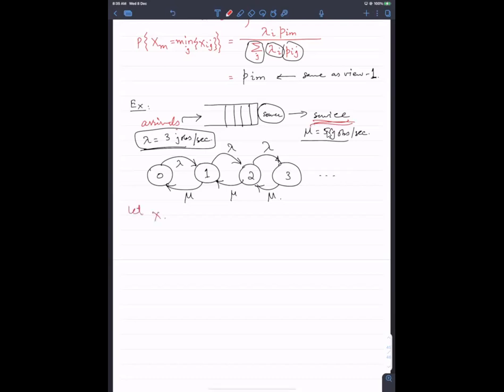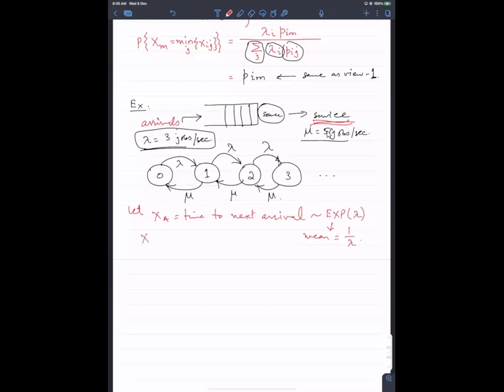So let X_A be the time to next arrival. Time to next arrival. This is actually exponential lambda. If it is exponential lambda, it would have a mean value of 1 over lambda.